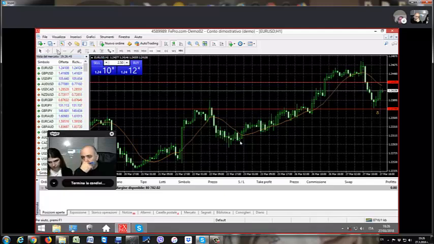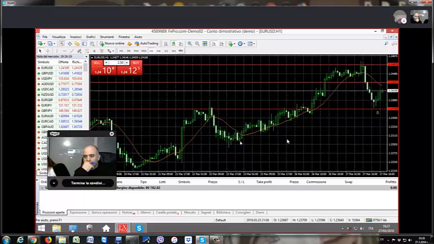And I start, for example, to sell on top if the market moves at 64. But after the news, this is a medium technique.